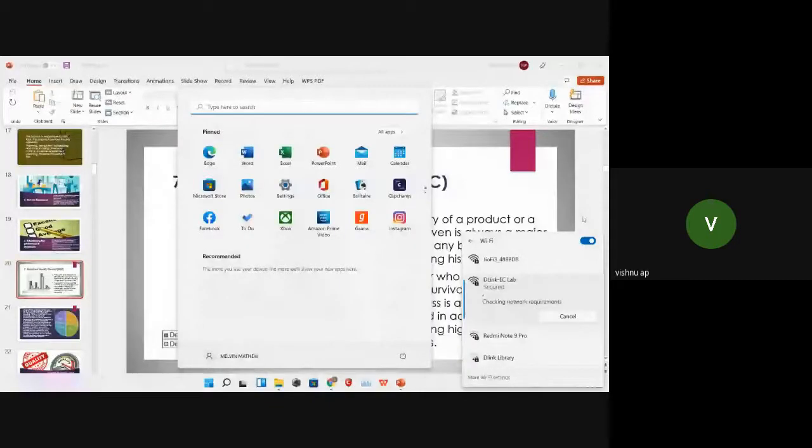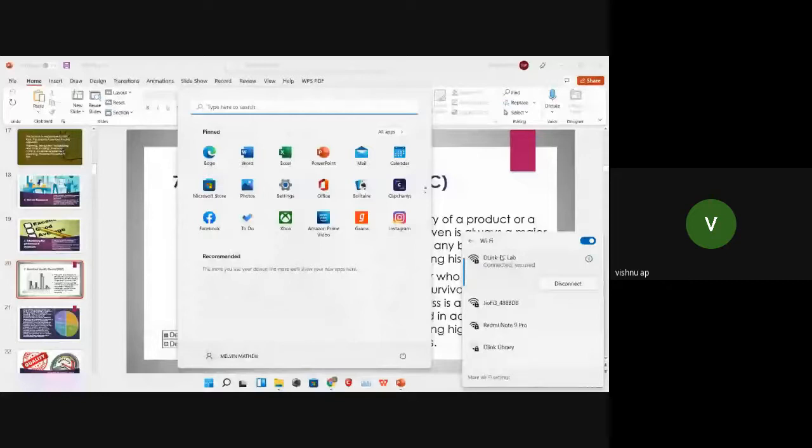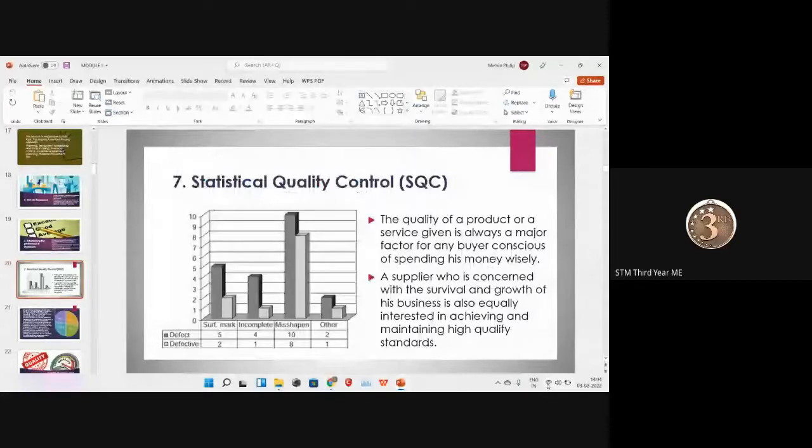Is my screen visible? Yes, sir. See my screen?